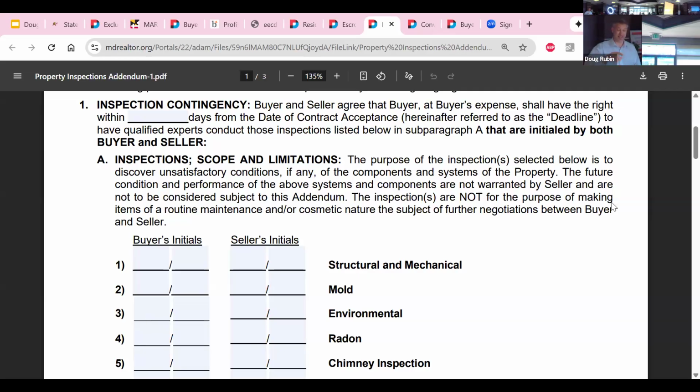Usually the listing agent and the seller will have both read that report, so they're both going to have actual knowledge of a whole bunch of stuff that probably needs to be disclosed. So there are two different obligations. There's the listing agent's obligation threshold, which is actually quite low. If they have any knowledge of a material defect that could impact the price of the home, they have to disclose it.